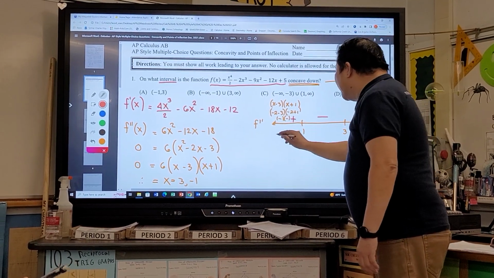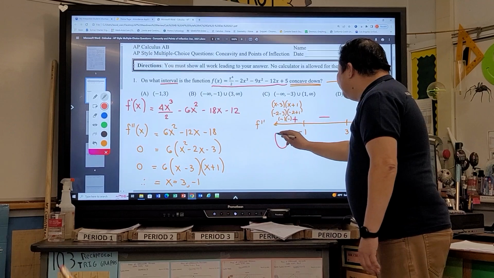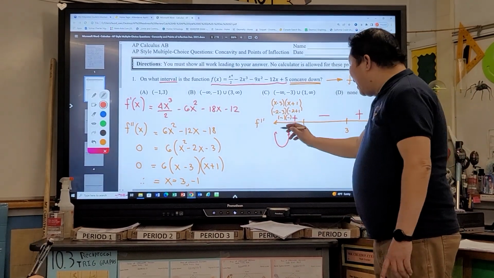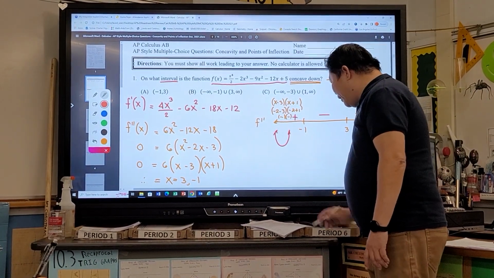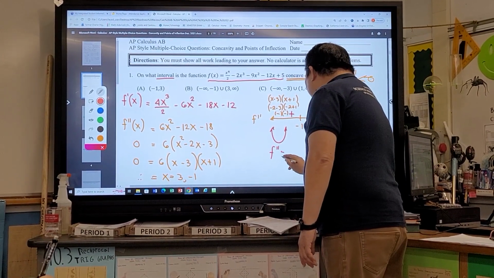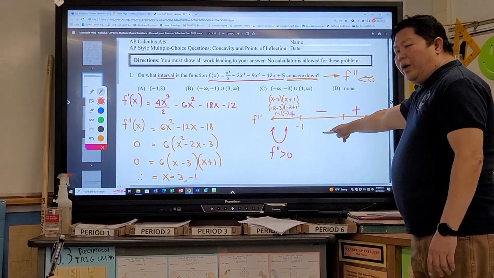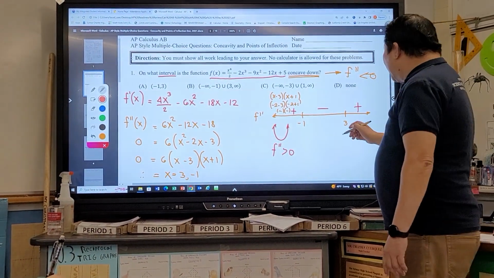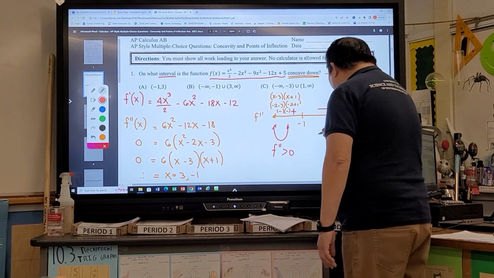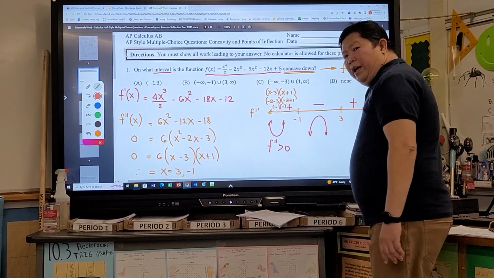Okay, that implies that right here the concavity is up. Because it's positive right here, we can say f double prime is greater than 0. How about this one? Since this is negative, it will be concave down.